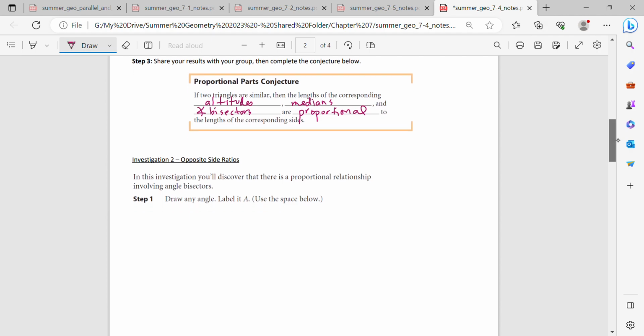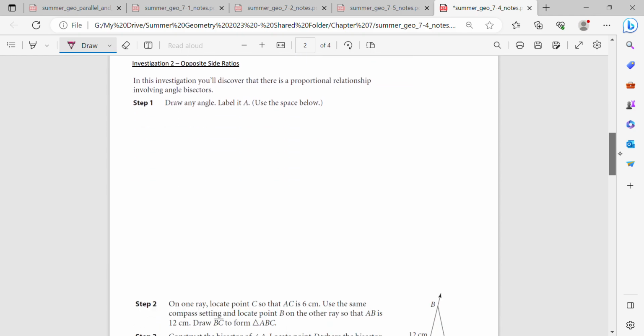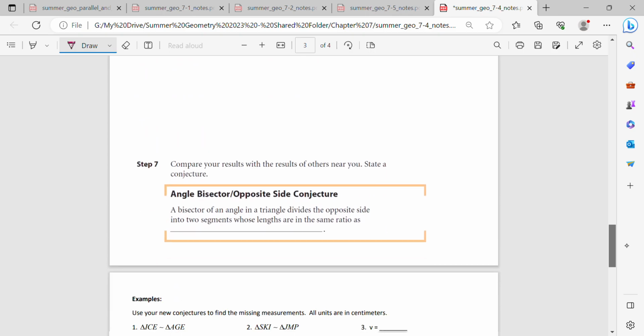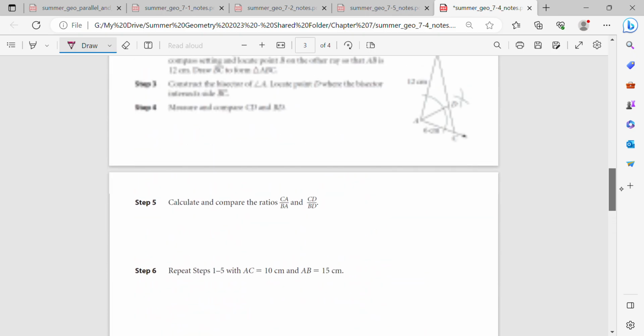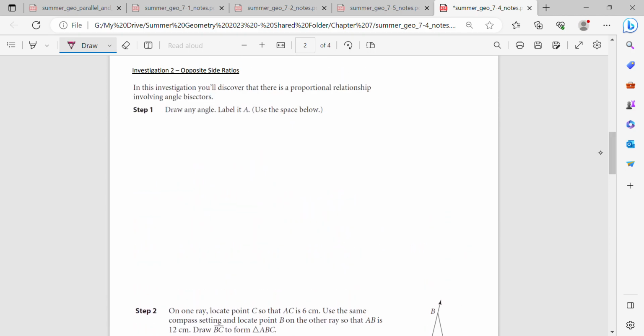For the second part of this investigation, we're going to look at the opposite side ratio, okay? And your book has us do this twice, but we're just going to go ahead and do it one time, all right? So we're going to draw an angle and we're going to label it A. And you want this to be pretty big, okay? So I'm going to put point A here, and I'm going to extend the rays.